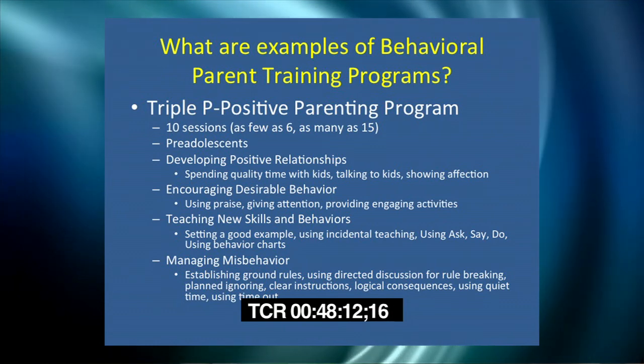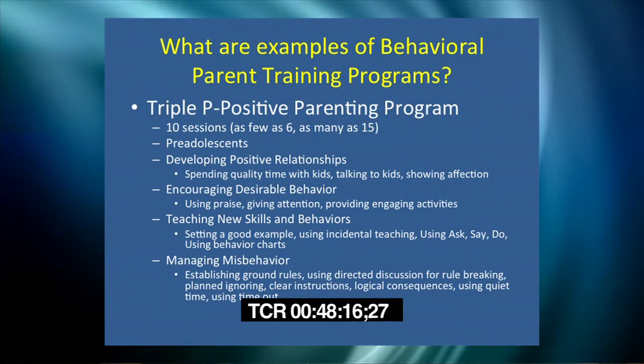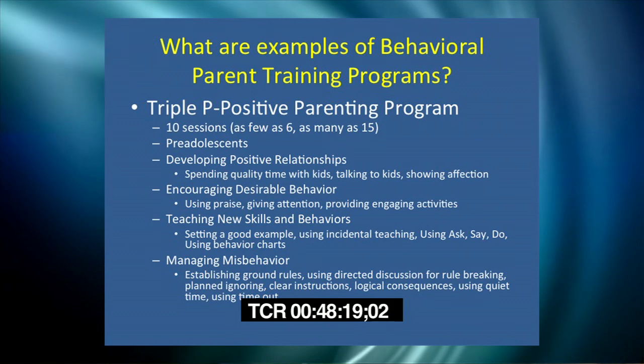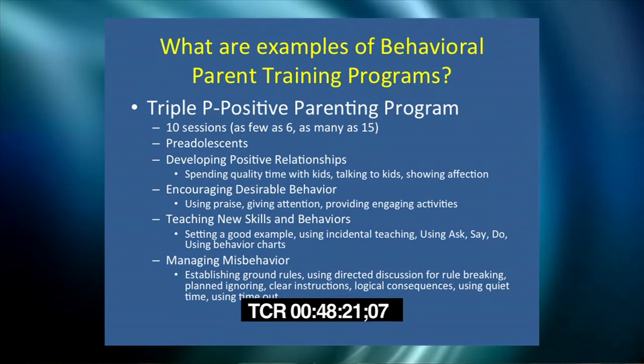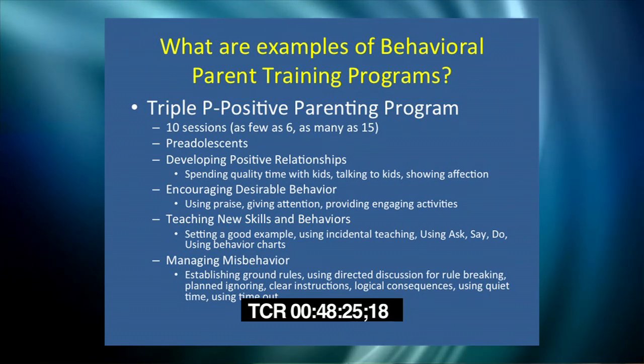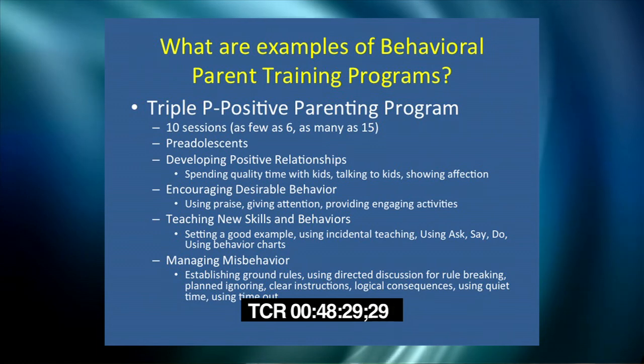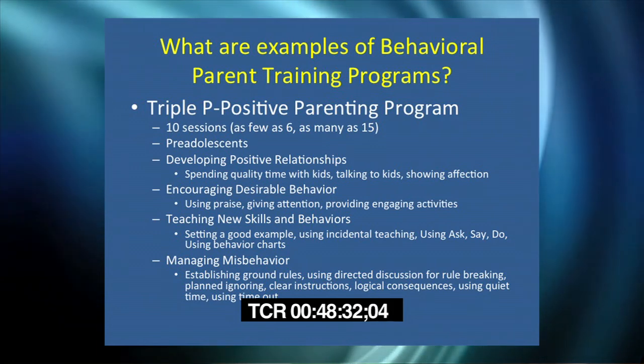It focuses on teaching new skills and behaviors. So prompting, cueing, chaining, teaching skills. So through things like setting good examples, using incidental teaching, using strategies like ask, say, do, using behavioral charts.